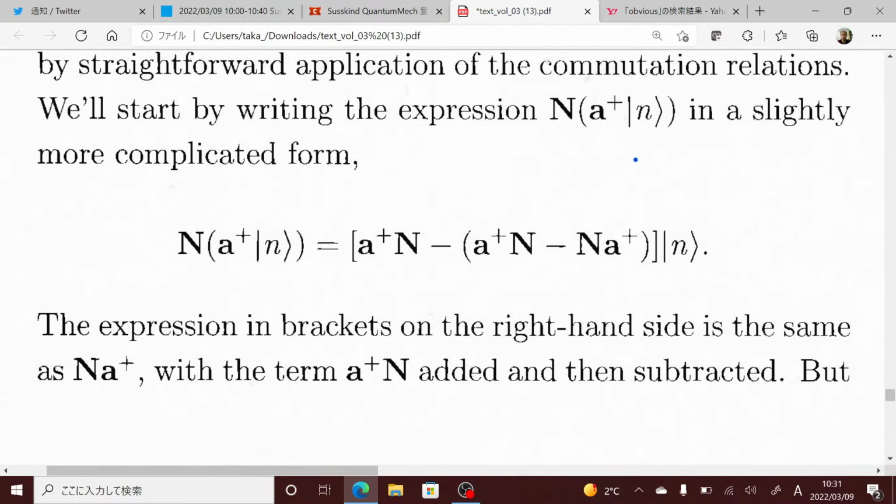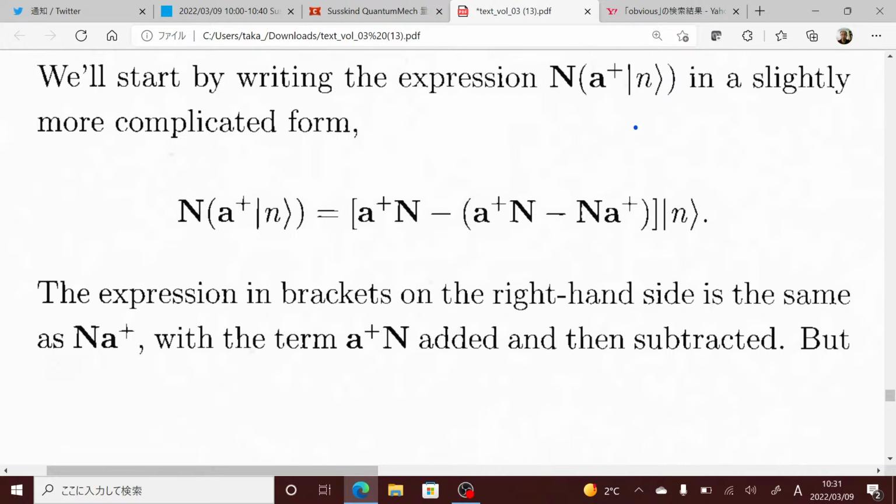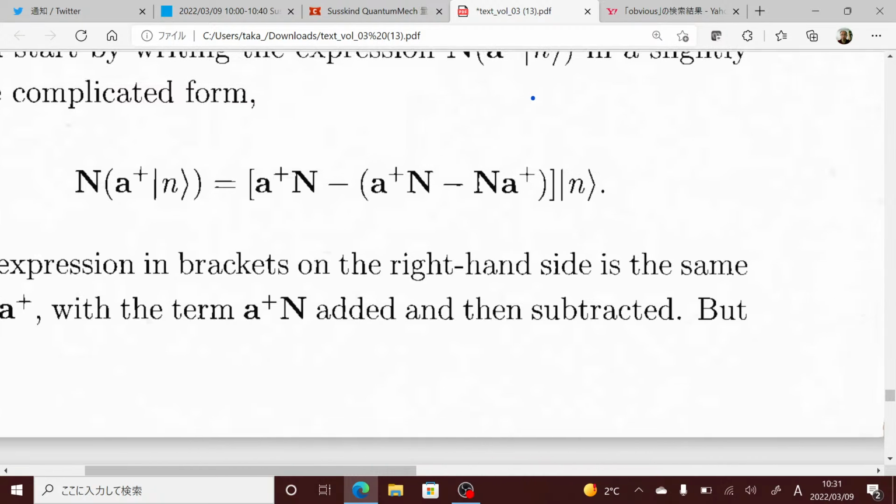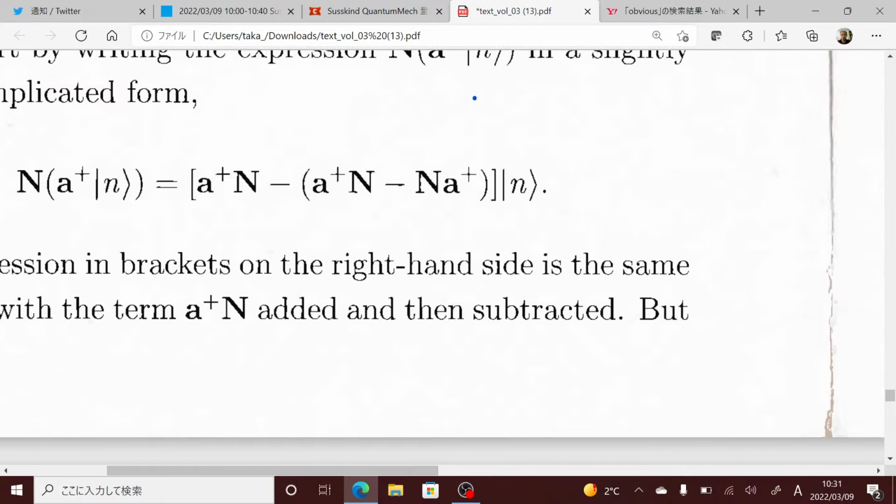The expression in brackets on the right hand side is the same as n a plus, with the term a plus n added and then subtracted.